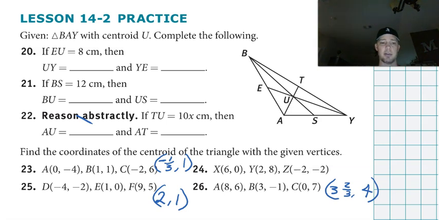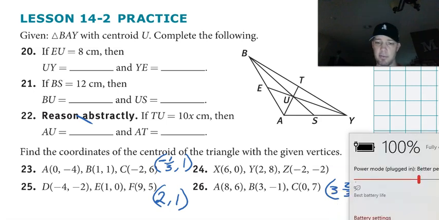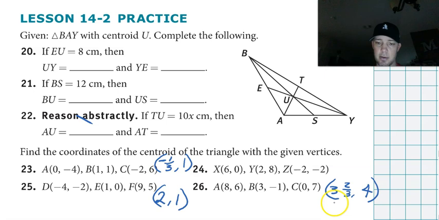Conveniently, this one wasn't too challenging, even though we had 1/3. For 25, you get a nice whole number. You did have to deal with some fractions. You could have gotten your answer as 11/3 as well, I guess, if you want that on there. So 11/3 would have been an acceptable answer as well. Hopefully you're decent with mixed numbers and improper fractions.